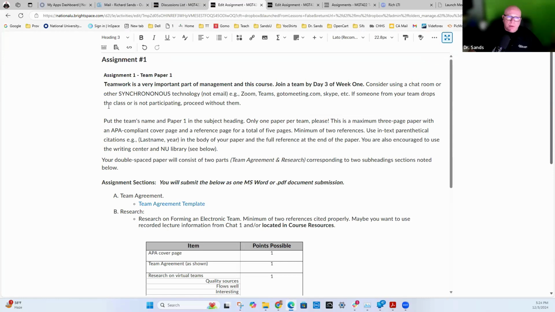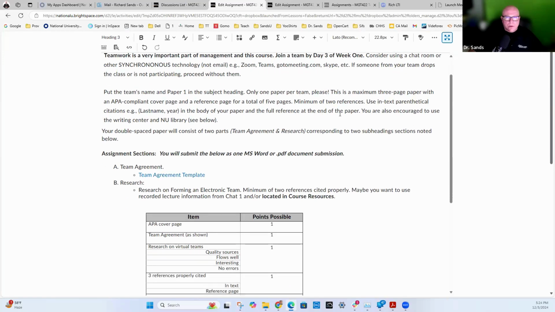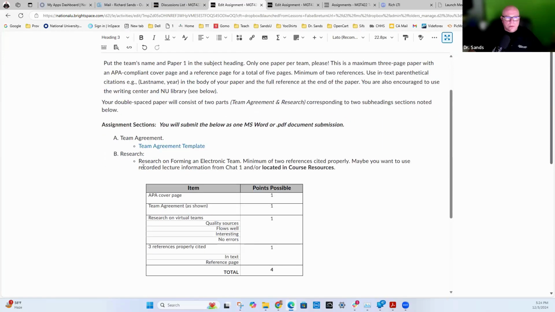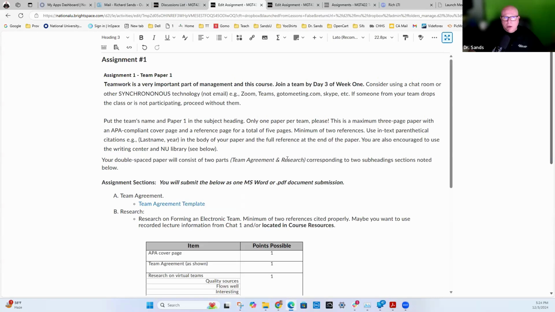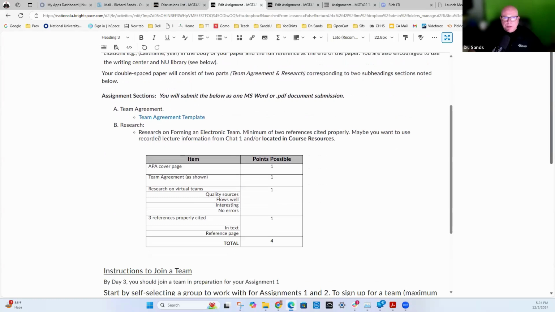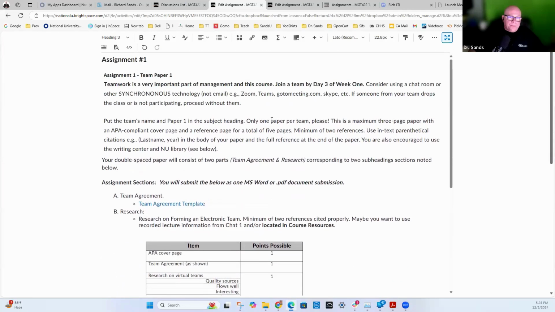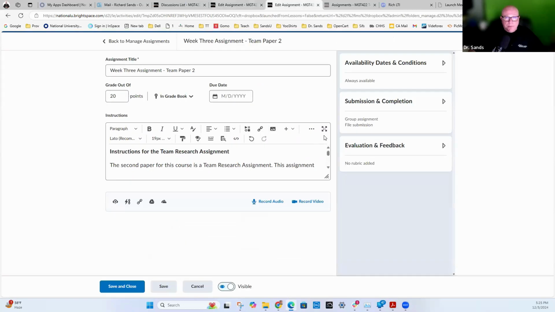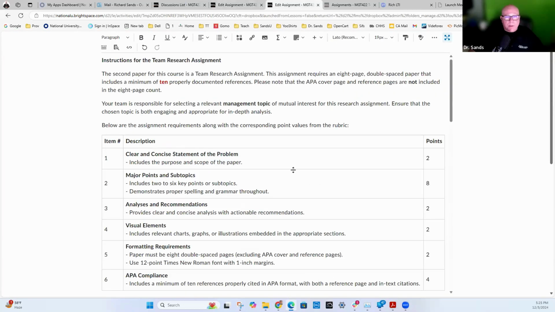So looking at team agreement 1, what y'all wrote for assignment 1 was, of course, the team agreement, and part of that was research on forming an electronic team, minimum 2 references, etc. So, good question, but this one is completely separate, different.